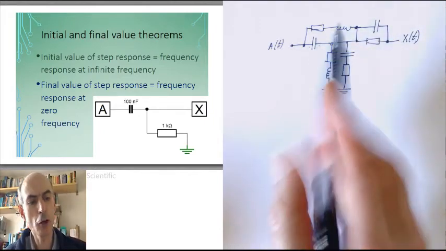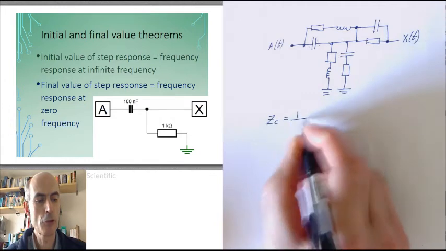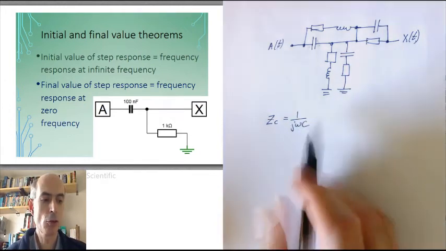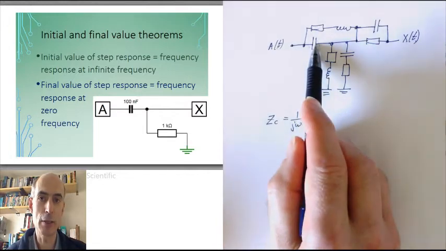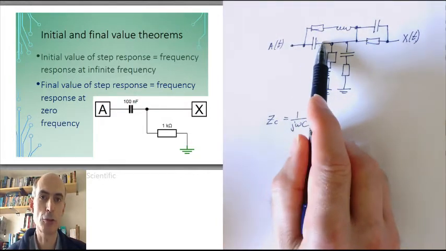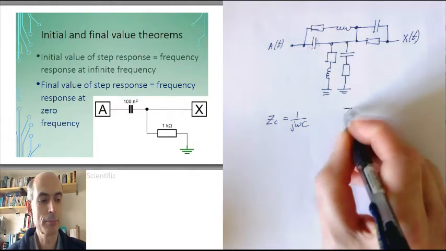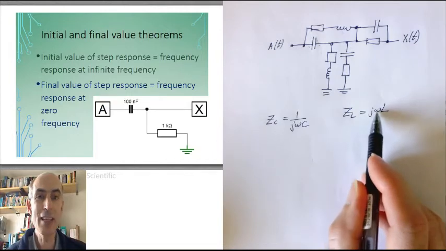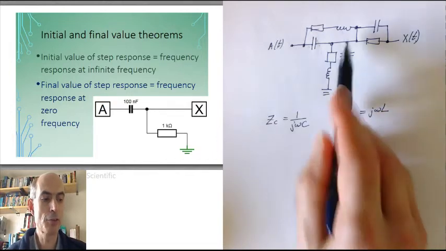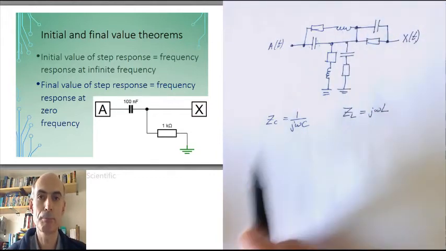Well, the complex impedance of a capacitor is 1 over j omega C. So when the frequency is infinite, the capacitor is behaving like a wire. It has no voltage across it. And the complex impedance of an inductor is j omega L. So at infinite frequency, this behaves like an infinite impedance. There is no current flowing through it.